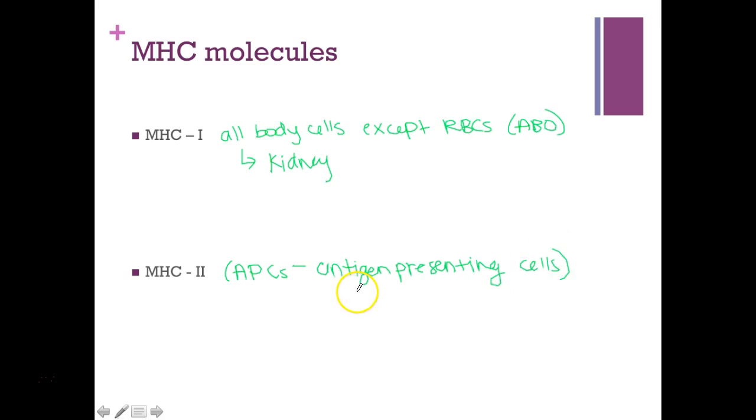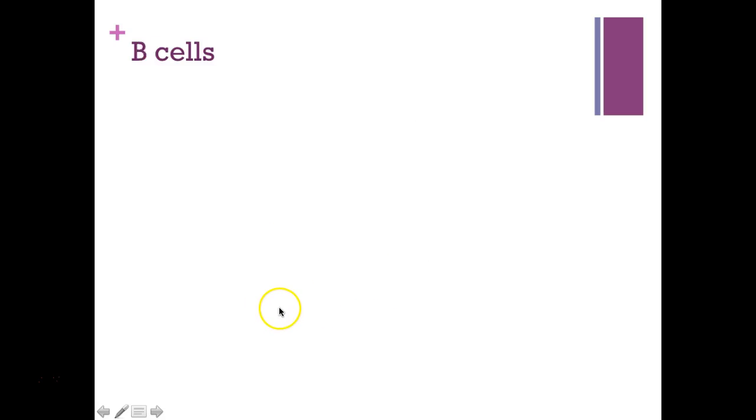The two most common ones that we're going to talk about are your B cells and dendritic cells. Your macrophages can also serve as APCs, but we're not going to use them too often. So anyway, these are required to activate those B and T cells. So that's what I want to talk about here.